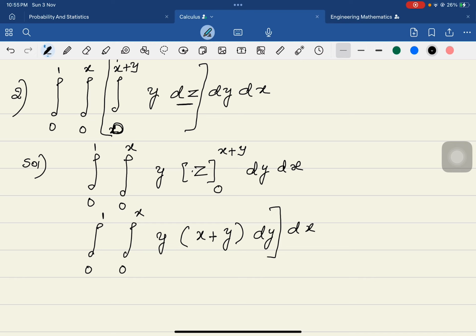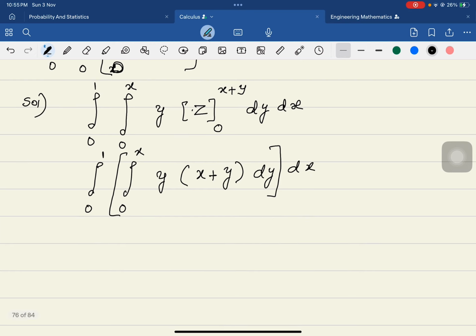Now you are going to integrate with respect to y. So that is integral 0 to 1. Now with respect to y you are doing, right? So x will be as it is. Integral y is y square by 2, plus y into y is y square. So integral y square is y cube by 3.